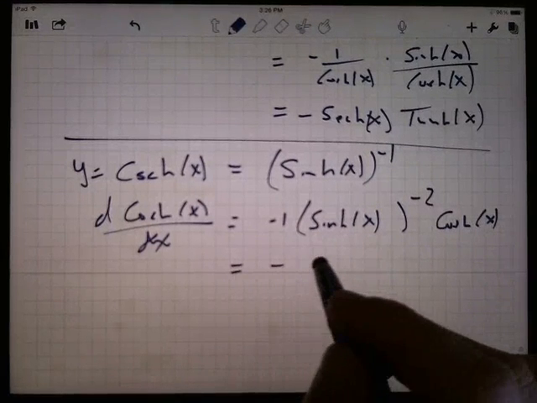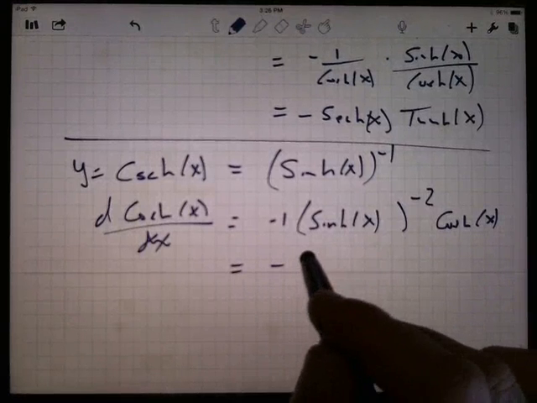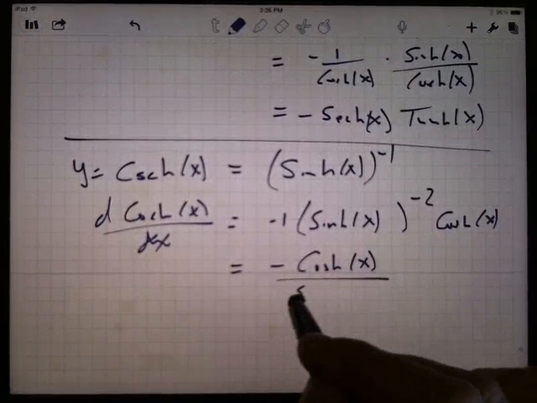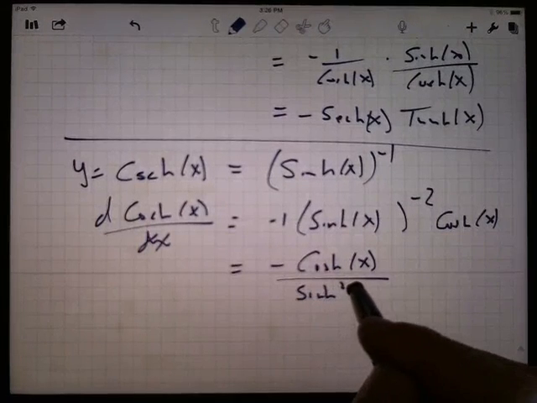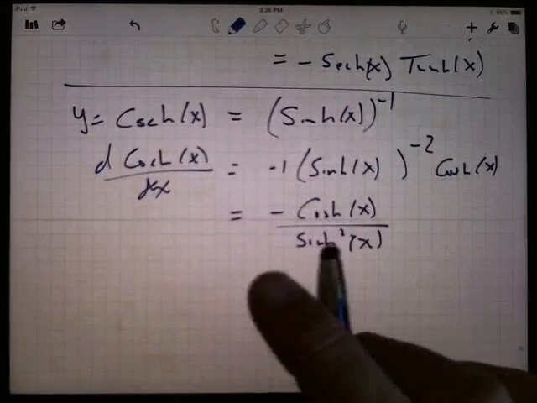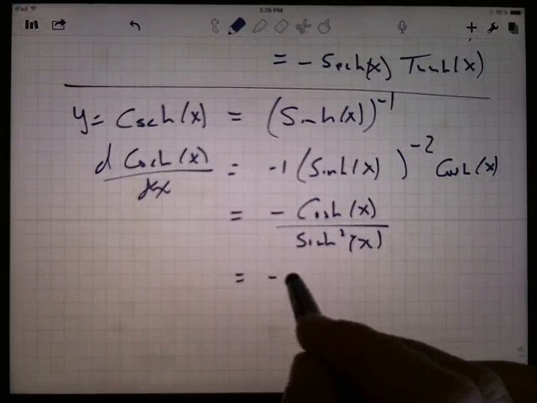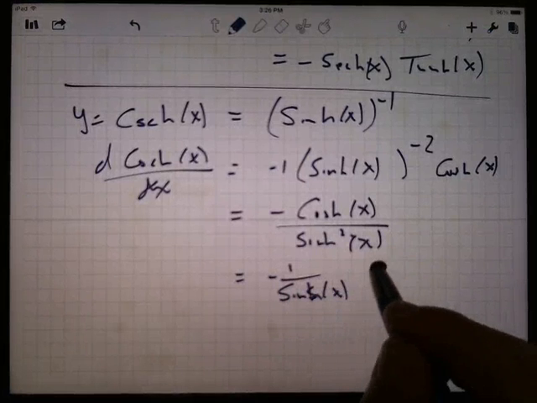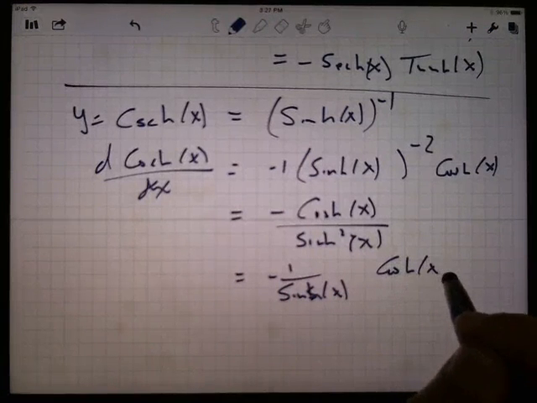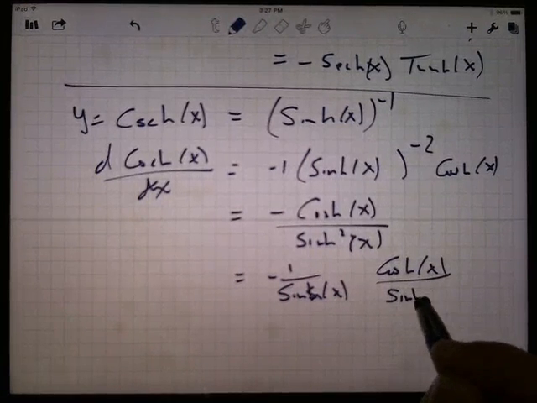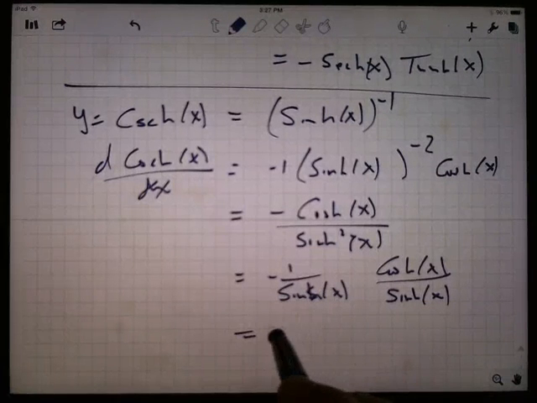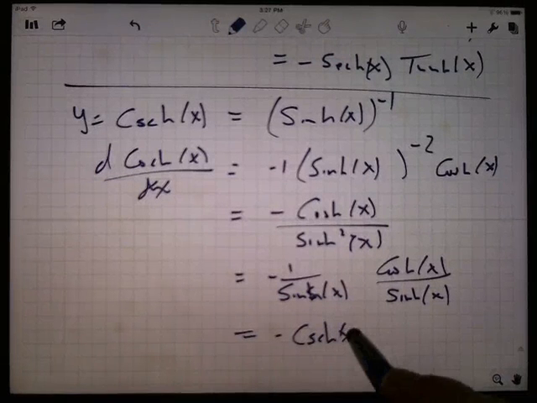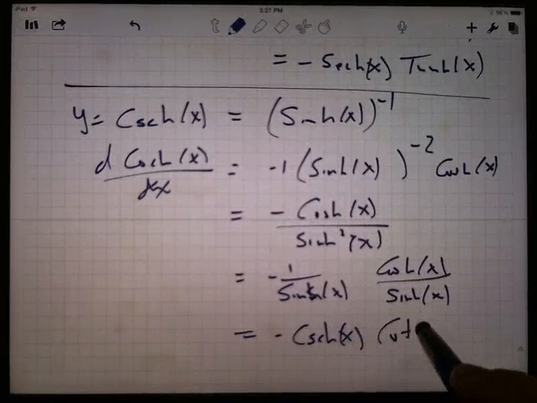So I end up with minus the hyperbolic cosine of x on top and a hyperbolic sine squared on the bottom. Again, I'm probably not going to leave it like that. I'm going to write it as 1 over the hyperbolic sine of x times the hyperbolic cosine of x over the hyperbolic sine, for a grand total of negative the hyperbolic cosecant times the hyperbolic cotangent.